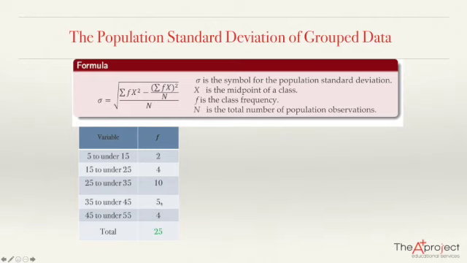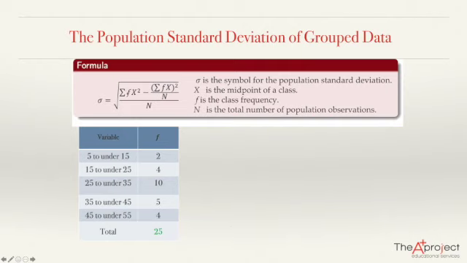If you need to compute the standard deviation, it is a good idea to make some other columns for this table. For example, you need a column for the midpoint, because the midpoint appears in the formula. This is the symbol of the sum of fx, so you need a column for fx, and you can add it at the bottom.